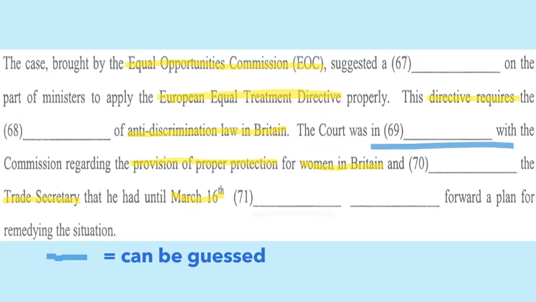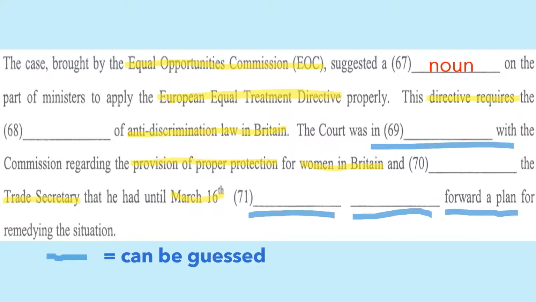Okay, then we've got some blue highlighted part. These are the parts that you can make a guess. Of course, if you've never heard of the phrase, then it's not possible for you to find out the answer for 69 and 71. 71 is a long one. Forward a plan for the remedying of the situation to solve the problem.